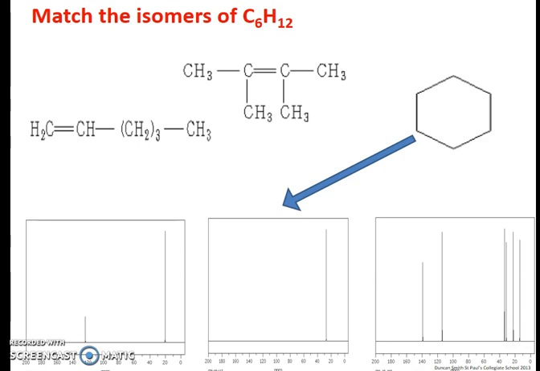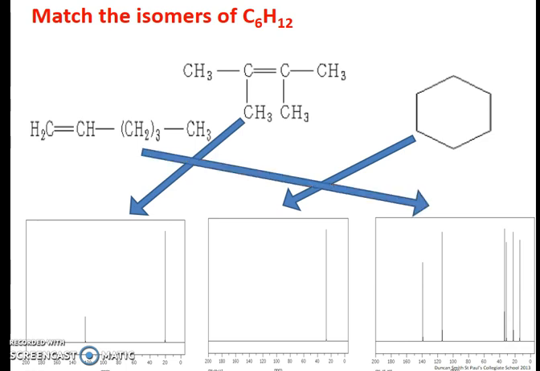So that only has 2 carbon environments, so that would be the first spectrum on the left-hand side, which means the other one has 6 carbon environments and is the one with 6 peaks. Now, the hex-1-ene, you'll notice that the 2 carbons that are on the double bond are in different carbon environments. One's got 2 hydrogens on there and one's got 1 hydrogen on there, which is why we have 2 peaks, one at about 112 parts per million and one at about 140 parts per million.